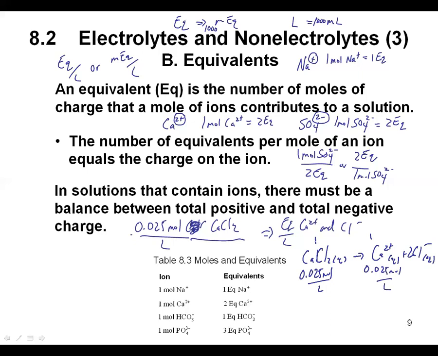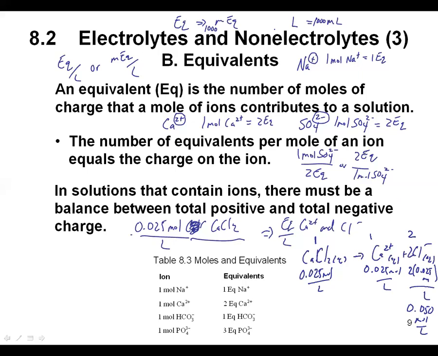But for calcium chloride to chloride, it's a 1-to-2 relationship, so we would multiply by 2. I'll explain more about that later in this lecture. The concentration of the chloride would be 2 times 0.025, which gives 0.05 moles per liter.